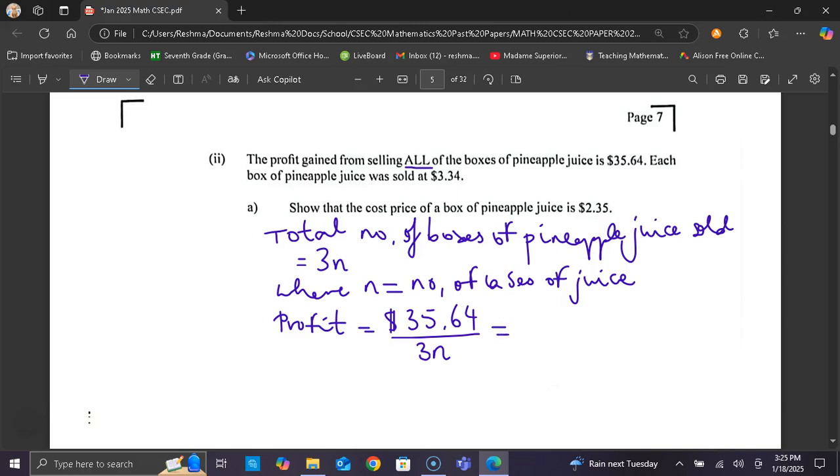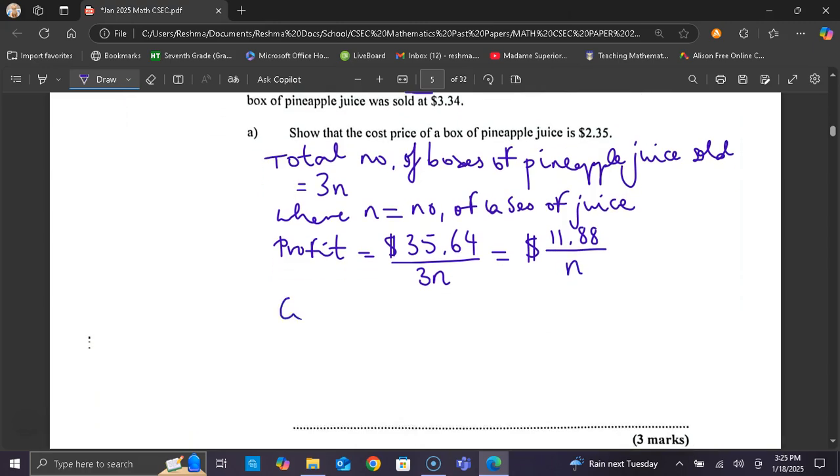So I'm actually going to get an expression in terms of n. So $35.64 divided by 3 will give $11.88, and my n remains in the denominator. And then if I have to work out now the cost price of 1 box, I'm just going to write here profit for 1 box.